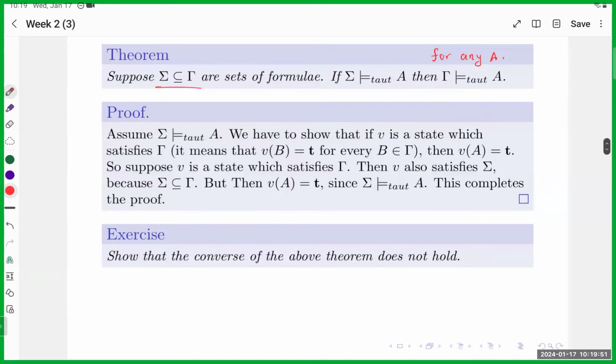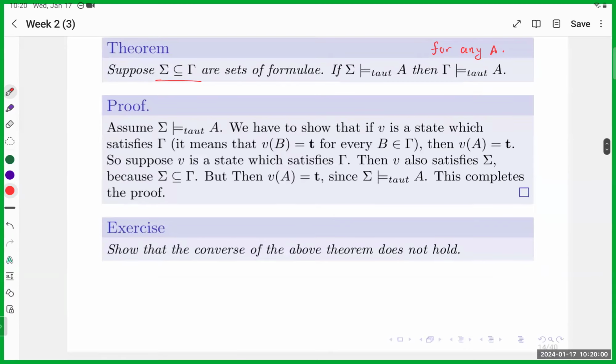Now, show that the converse of this statement is false, meaning that it is not true. So let me write this down.